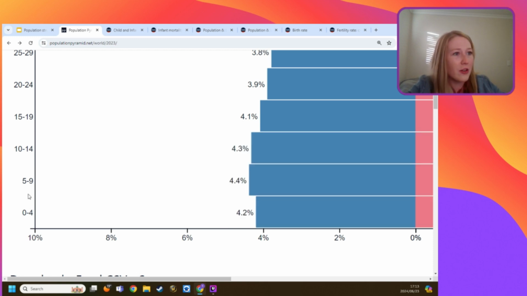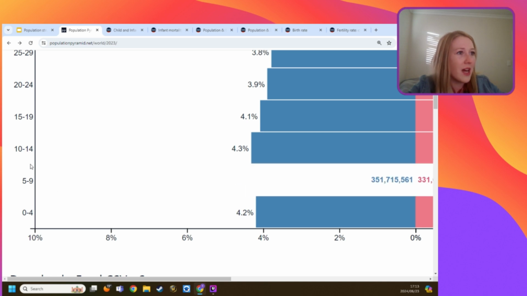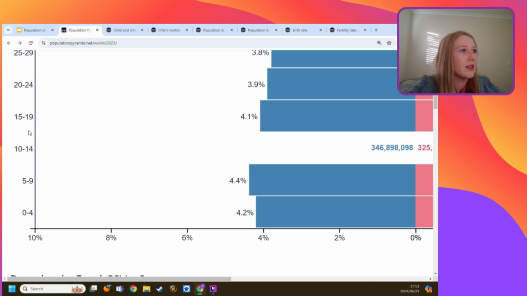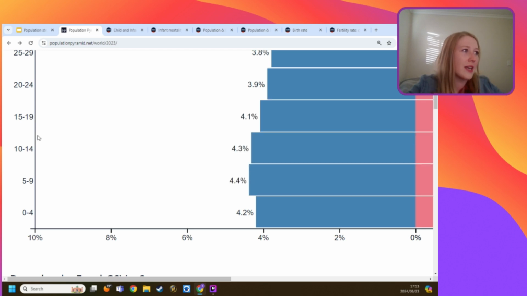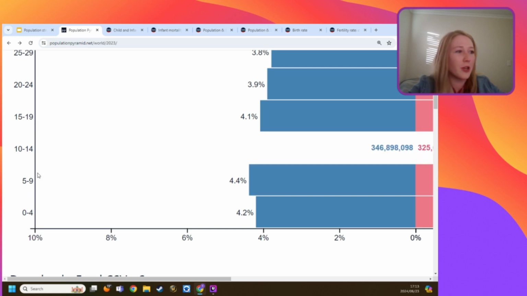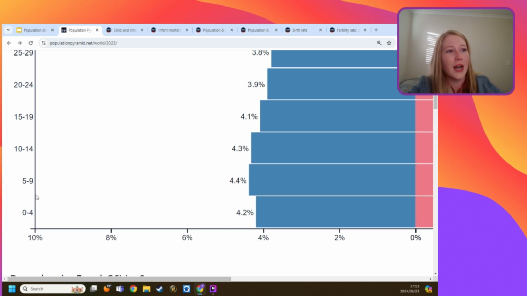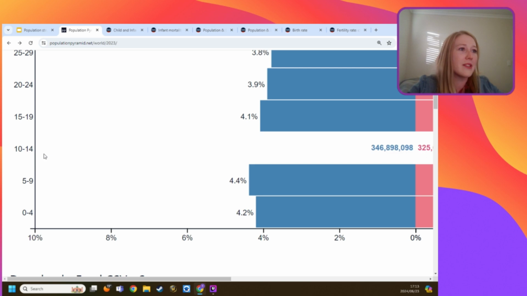And 5 to 9, that's that one. 10 to 14, that's that one. Usually they have this ending at 15. Usually when I see these population pyramids, it's 0 to 5 and then 6 to 10. Basically, it ends at 15 so that the 16 and up is the adult age group.